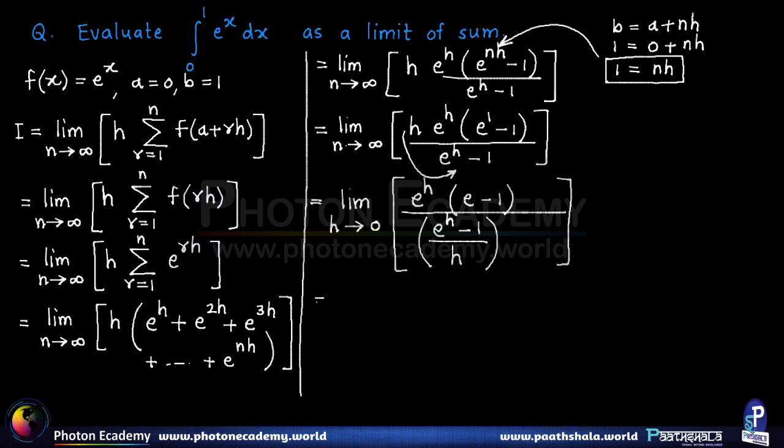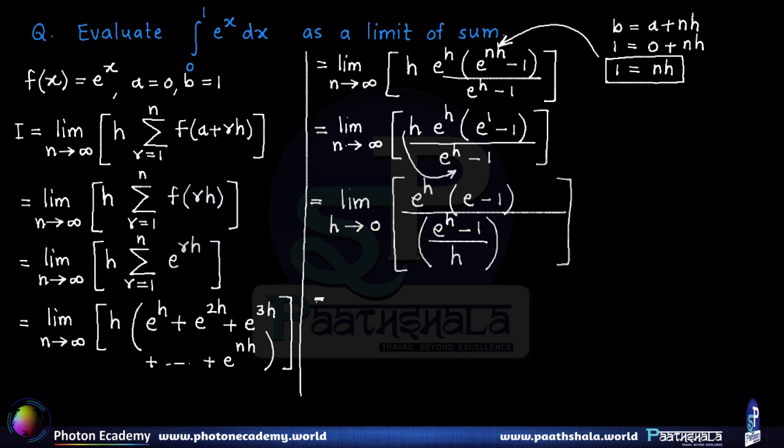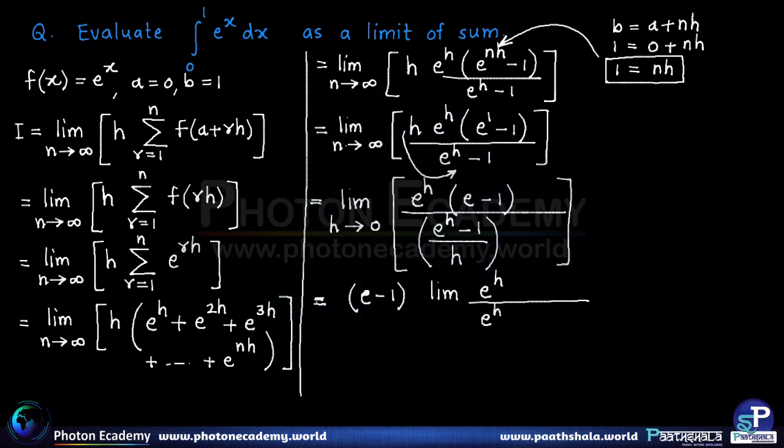Therefore now e minus 1 is a constant, so if we want we can take it outside the limit calculation. So we have the limit of e raised to h upon e raised to h minus 1 upon h as h tends to 0.